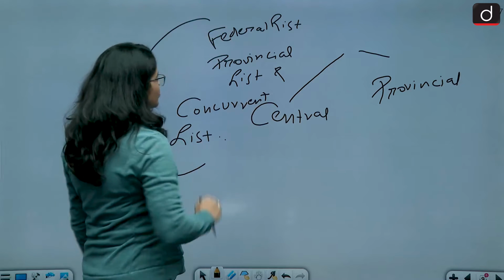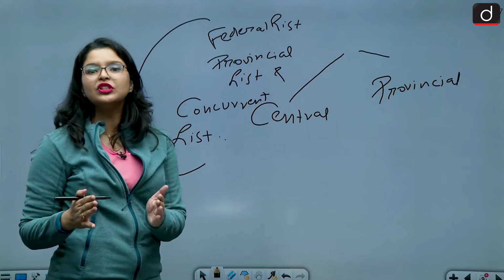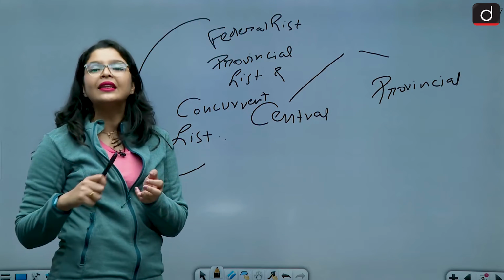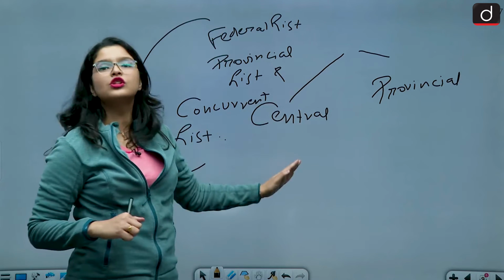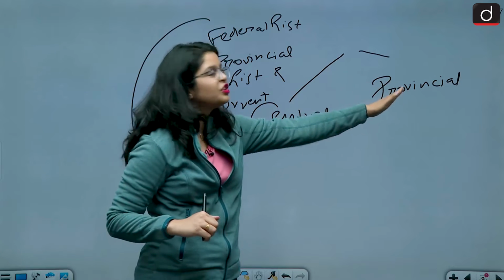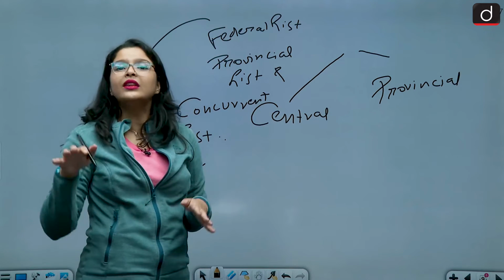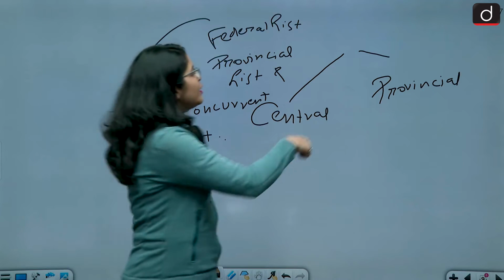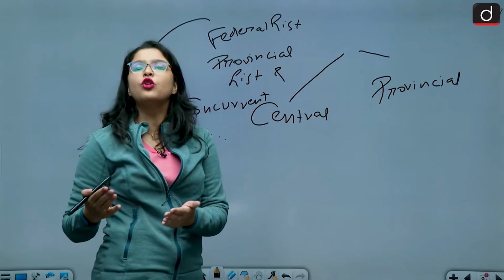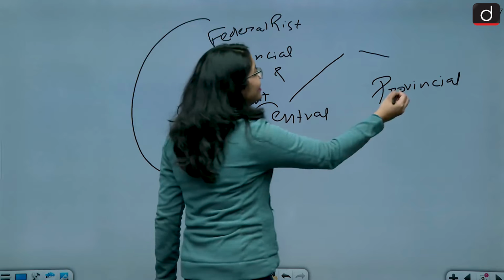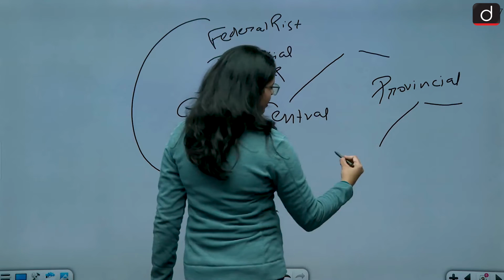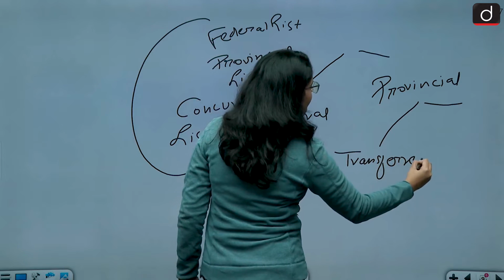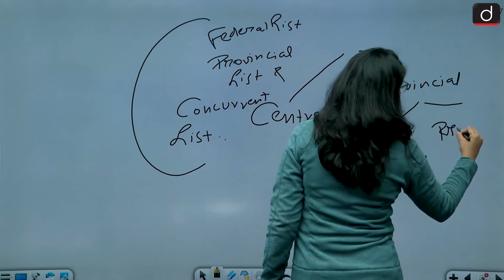The powers were divided between the central government and the provincial government by way of these three lists. On the central subjects, the central government had the power to make laws, and on the provincial subjects, the provincial government had the power to make laws. And these provincial subjects were further divided into transferred subjects and reserved subjects.